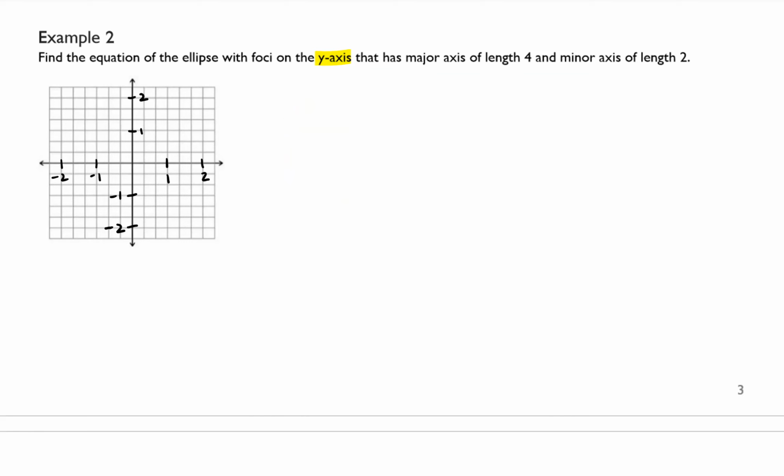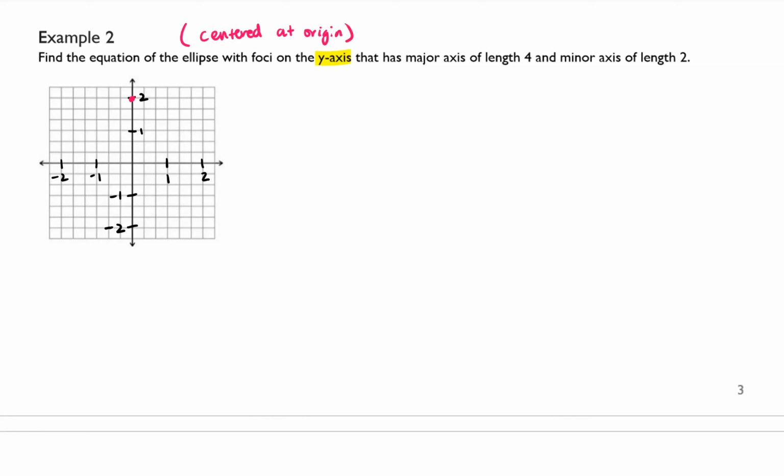And we know that the major axis has a length of 4, and let's go ahead and make the assumption that this ellipse is centered at the origin. So if it has a major axis length of 4, then the distance from the center to the top would be 2, and the distance from the center to the bottom would be 2, so that it's 4.